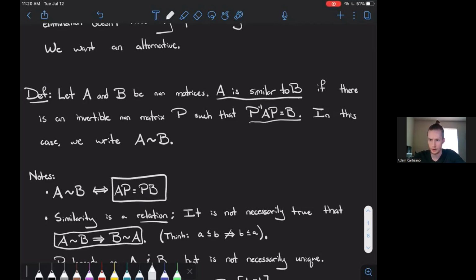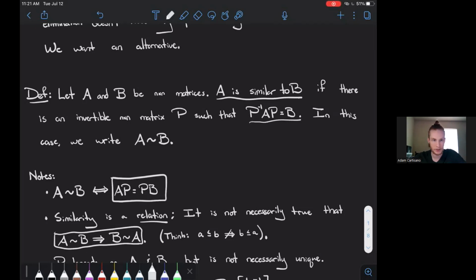That's not necessarily true. An example of a relation where that's not true is the less than or equal to relationship. So if you have two numbers, little a, little b, and you have a less than or equal to b, it is not necessarily true that b is less than or equal to a, right? Relations are not that strong. They're just saying that there's a relationship between two objects, right?